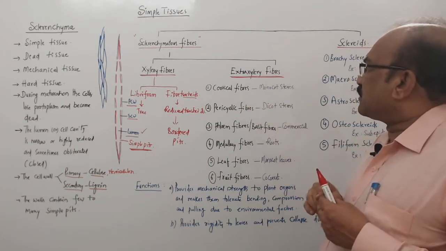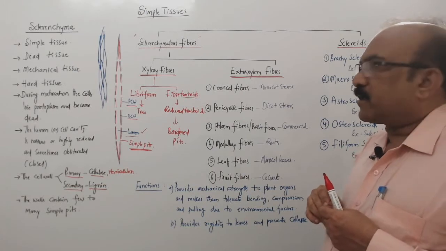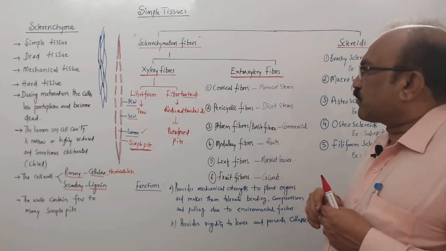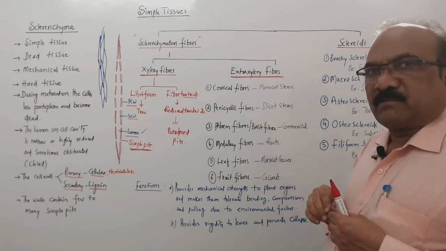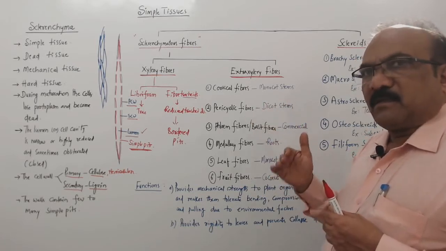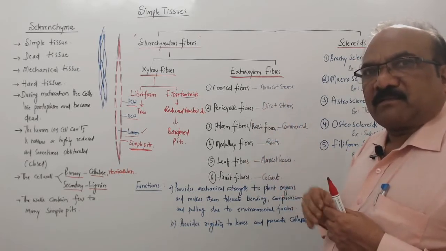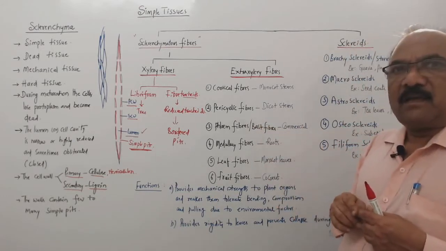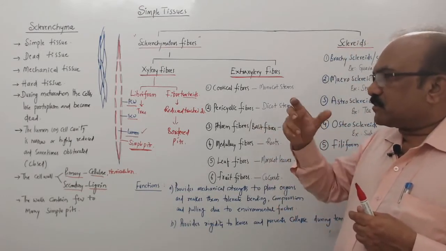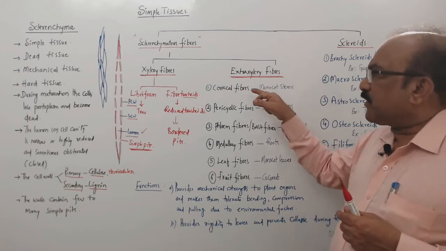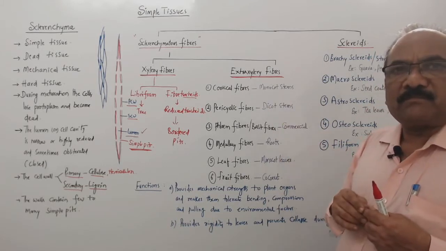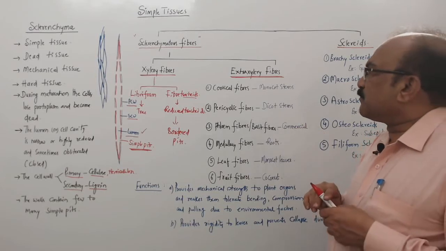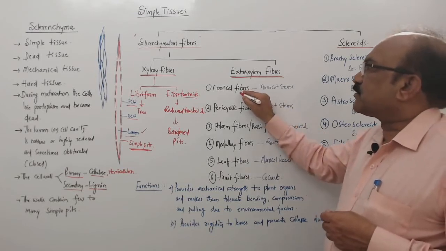When you observe these monocot stems, in the transverse section of the monocot stem, you will find epidermis, and below epidermis, you will find the cortex, and below the cortex, you will find what? The stele. And in the cortex, just immediately below the epidermis, you will find hypodermis, and that hypodermis is made up of fibers.